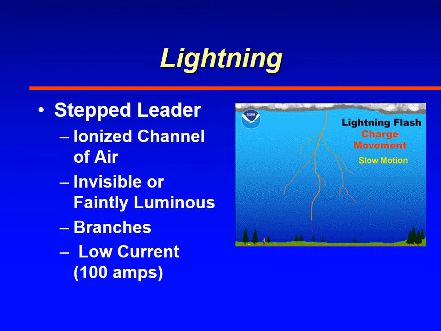And usually this is very faintly visible. The visibility is caused by the electrons moving through the air and charging the gas molecules. But then it starts branching out, looking for the path of least resistance, and those electrons are flowing down. And this is a very low charge. Typically, the current is only about 100 amps.